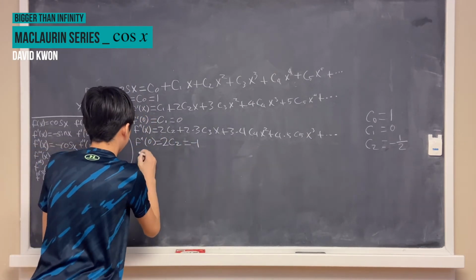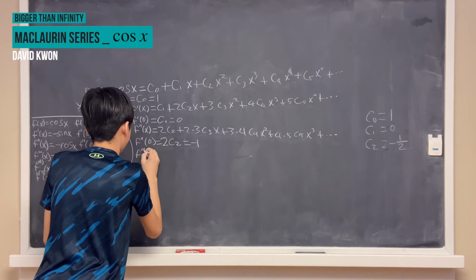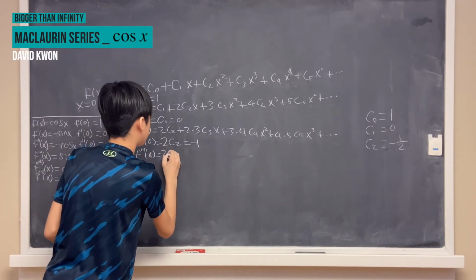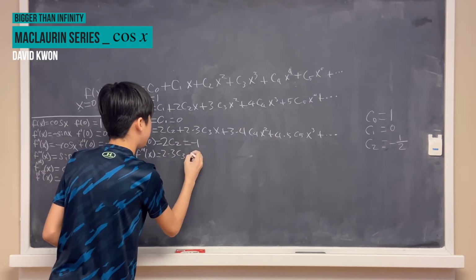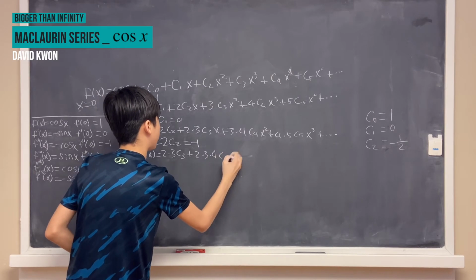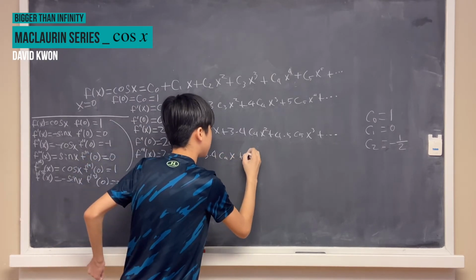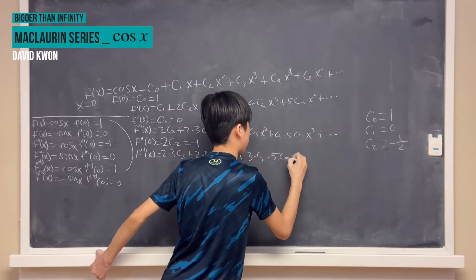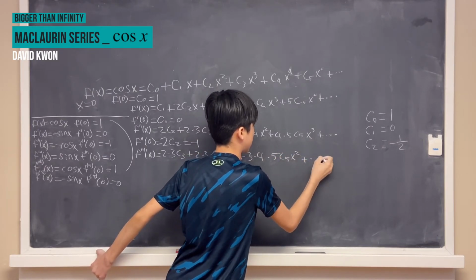So we have f prime prime prime x, which is equal to 2 times 3 times c sub 3 plus 2 times 3 times 4 times c sub 4 times x plus 3 times 4 times 5 times c sub 5 times x to the power of 2 plus dot dot dot.